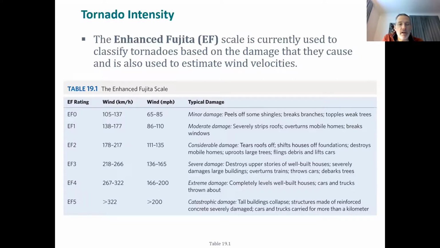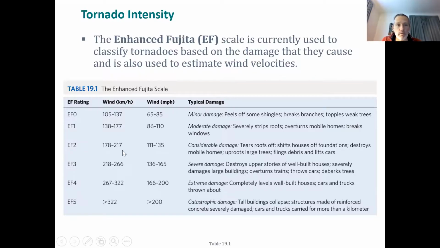With the advancements of high-speed photography, as well as radar these days, we can figure out how fast the winds are moving, and so we had to modify his original scale. It used to be the Fujita scale, and now it's the EF, or the Enhanced Fujita. It's been modified ever so slightly to accommodate this.